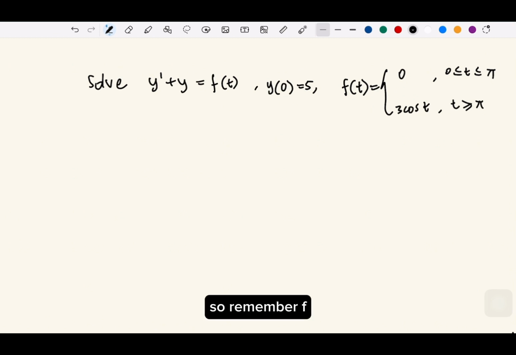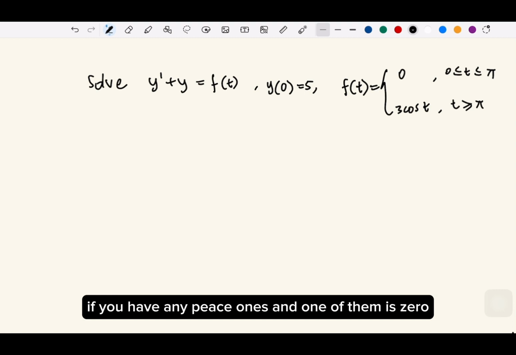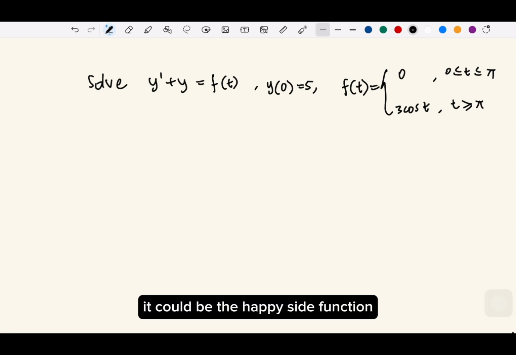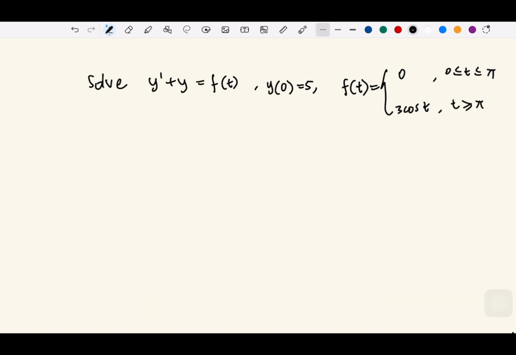So remember, if you have a piecewise function and one of the pieces is 0, it could be the Heaviside function. Okay? So we can write this as the unit step function.